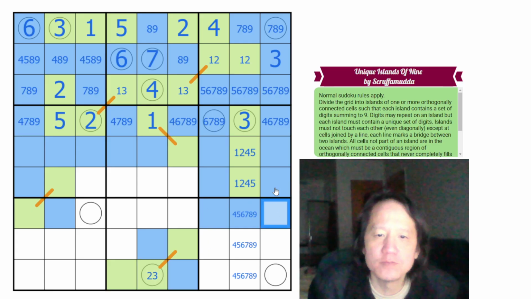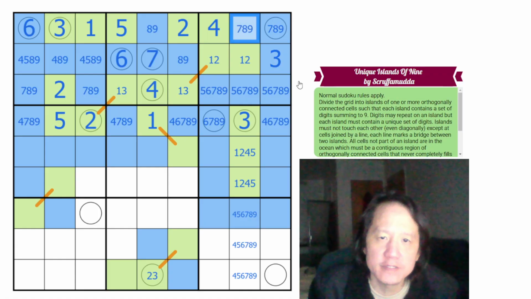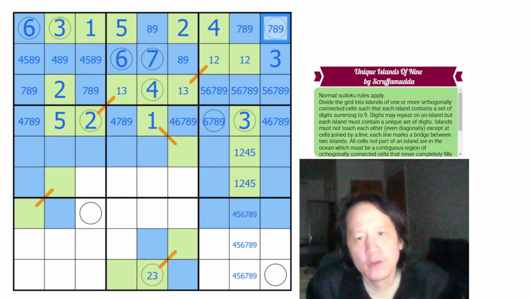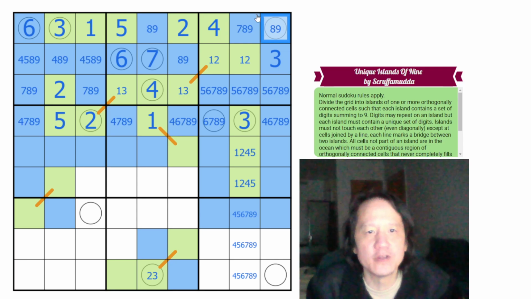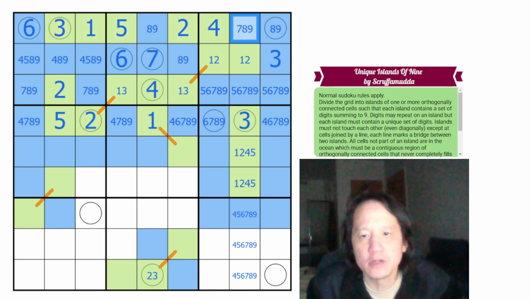This sees at least 1, 2, 3, 4, 5, 6, 7, 8. So this cannot be a 7. Therefore, where is the 7 in row 1? It can only be here. This is 7, which means this can't be 7.